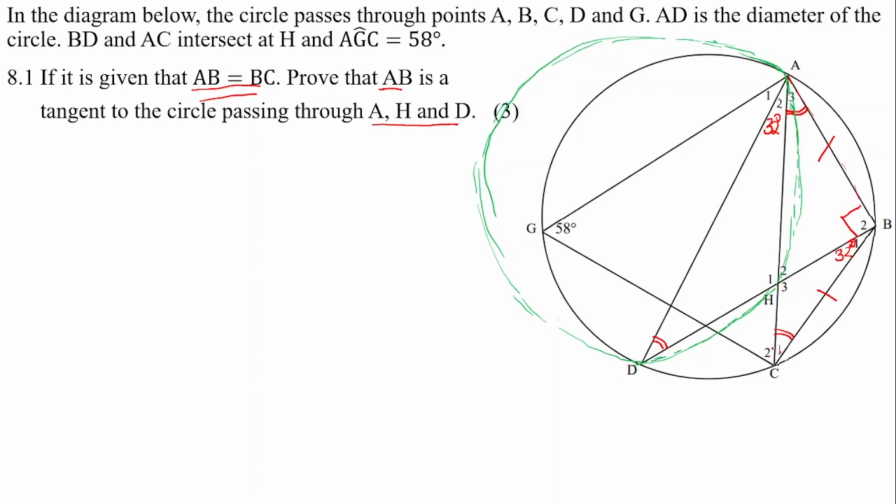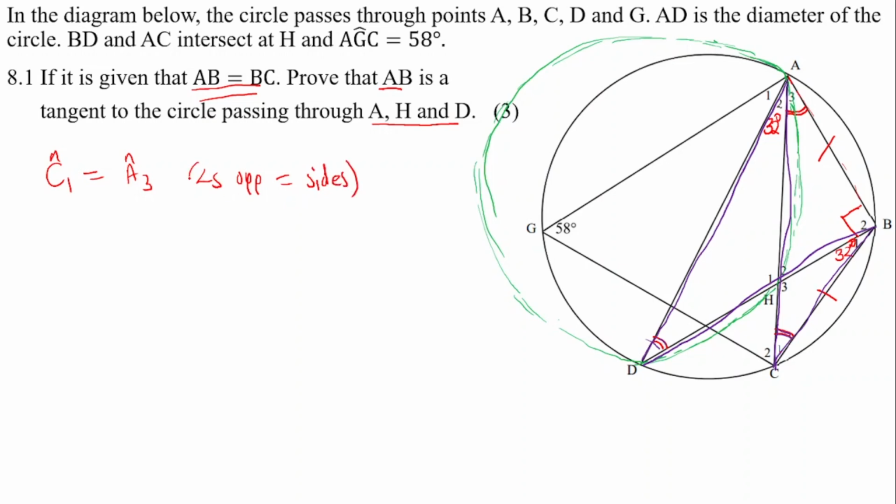But remember, we talked about this. We say that angle C1 should be equal to angle D, isn't it? Because these are also angles in the same segment. Right, so C1 is equal to A3 and also C1 is equal to angle D. Right, so let's say angle C1 is equal to angle A3 because these are angles opposite equal sides.